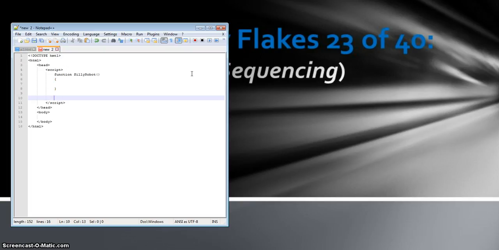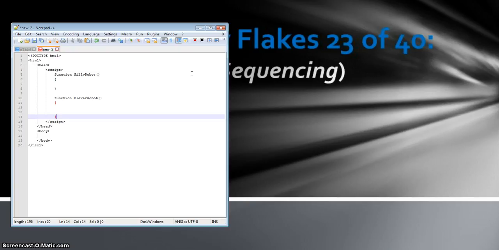I'll have two functions, function silly robot and function clever robot. The parenthesis is part of the function, and the brace indicates the instructions of the function. Now they're ready to type in some instructions.